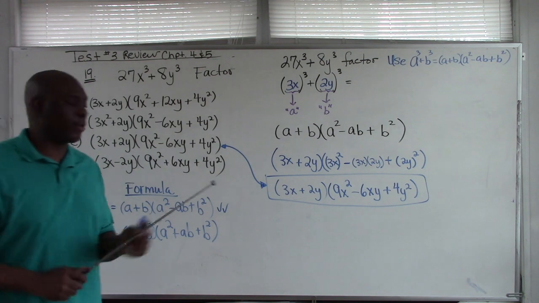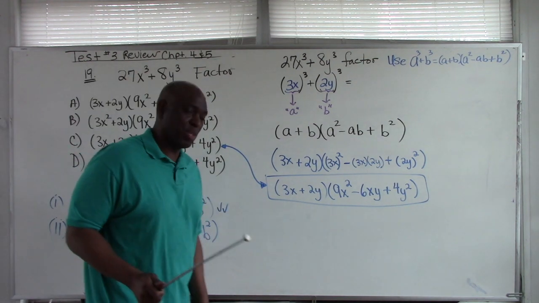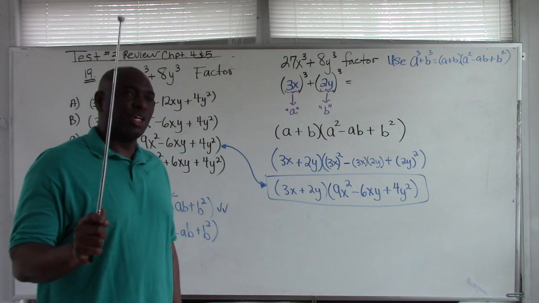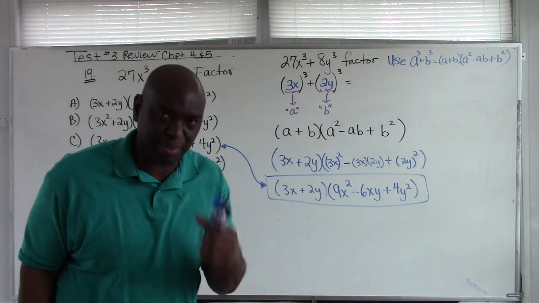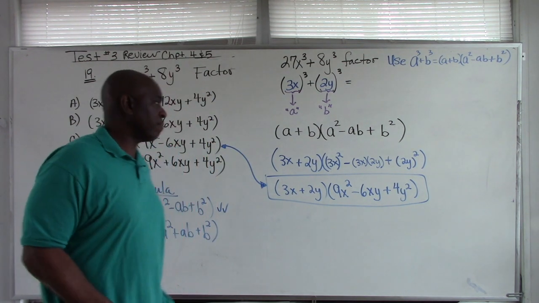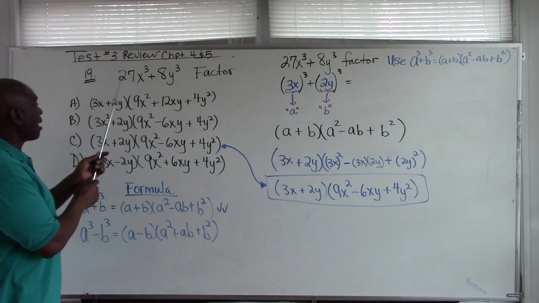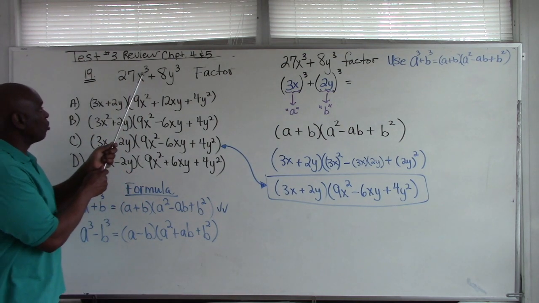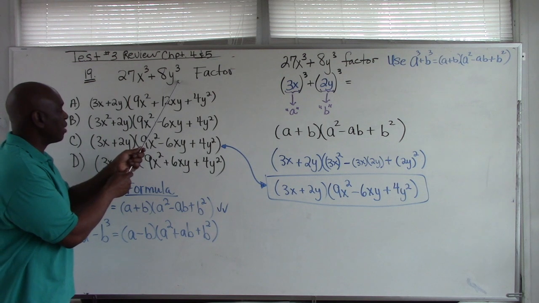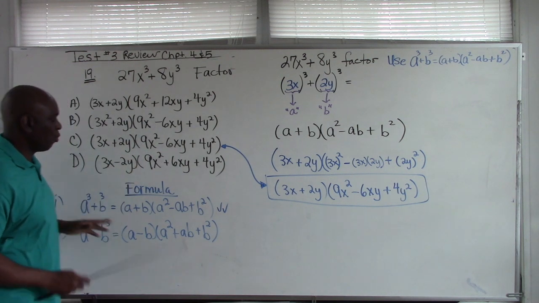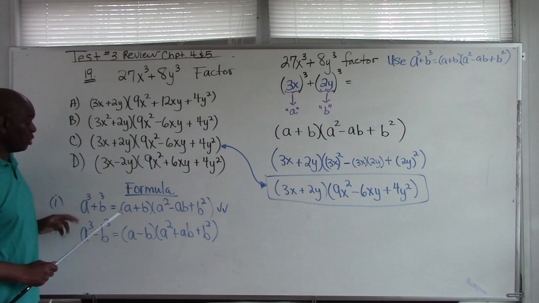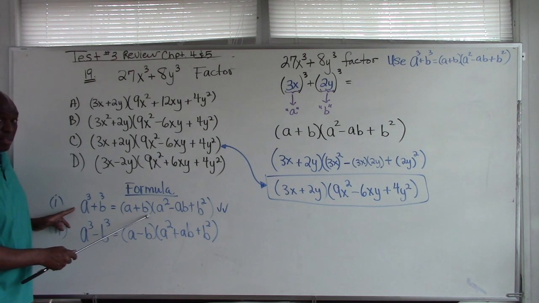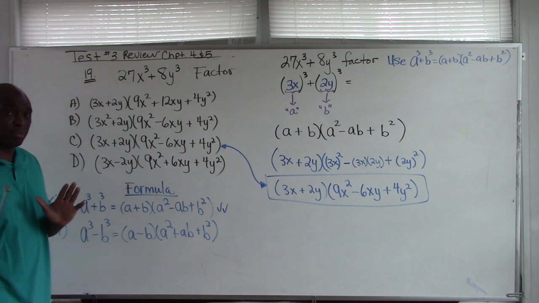Let me pick up my pointer here. All right. So now we're going to find the answer without using no marker. How about that? All right. So here's the problem. 27x cubed plus 8y cubed. First, you have to determine which formula you're going to use. That was pretty easy. We used the first one, right? Okay, good.